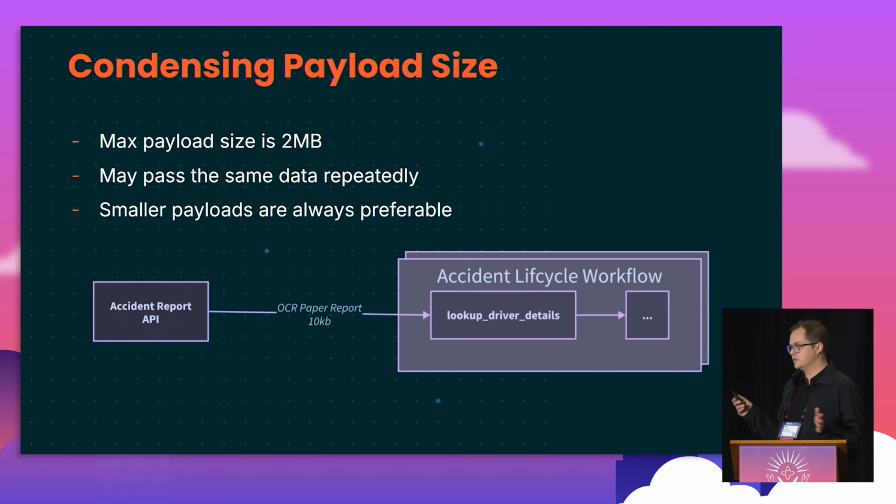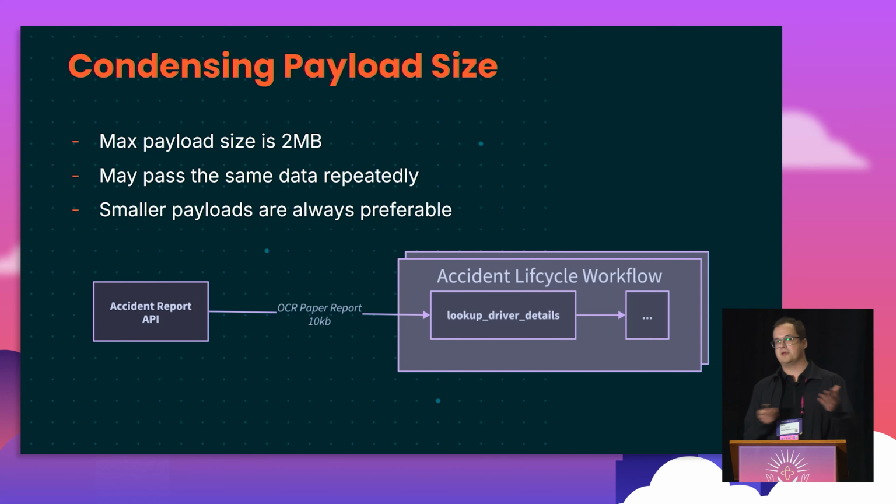So condensing payload size overall, temporal payloads can be up to 2 megabytes. That is the max size that you can pass into a workflow, pass into an activity, pass out of an activity. And you have to be especially careful with data that's going to be passed around repeatedly. If it passes into a workflow and then into an activity and out of an activity, that's 3 times I'm passing it. That's 6 megabytes I'm potentially adding to my workflow history.